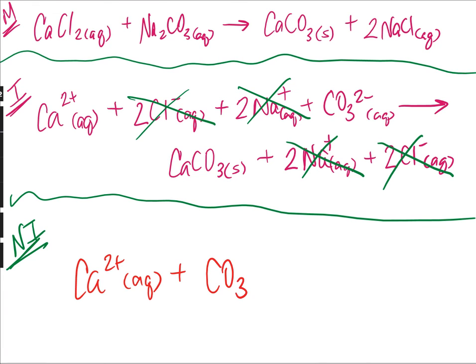We have the carbonate ion, which was aqueous. That's all that we have on our reactant side. Product side, we have calcium carbonate, which is still a solid. And that gives you your net ionic equation. So again, with the net ionic equation, it's simply showing what ions make up this precipitate.